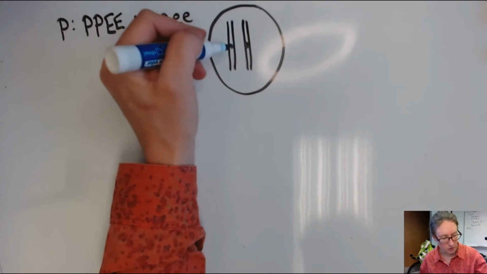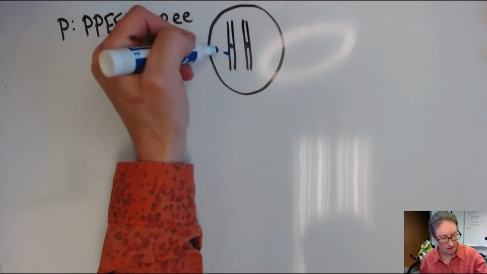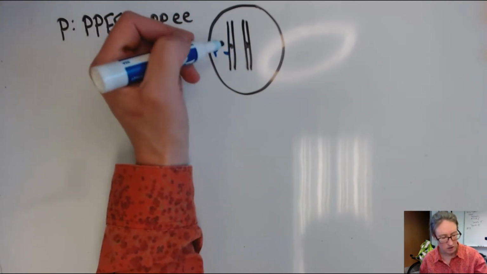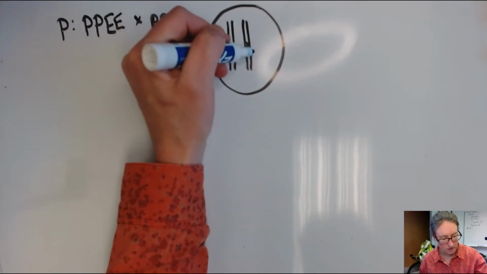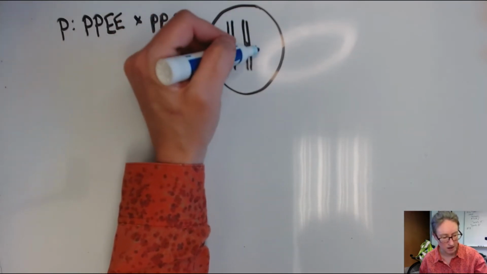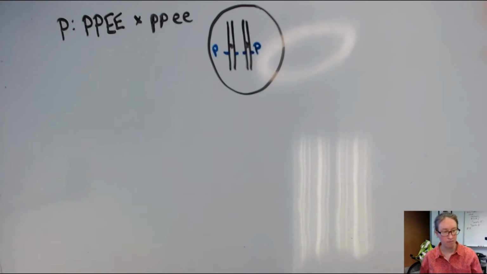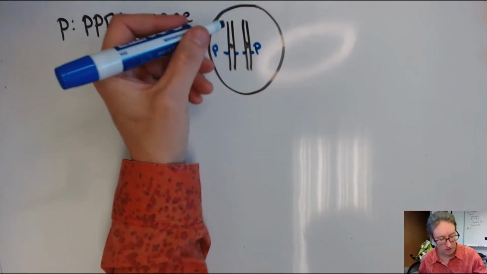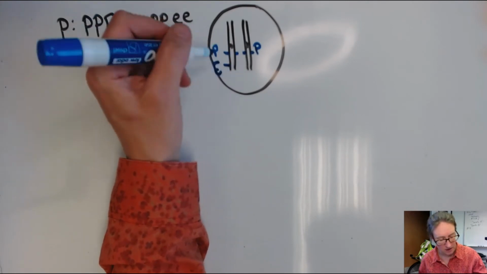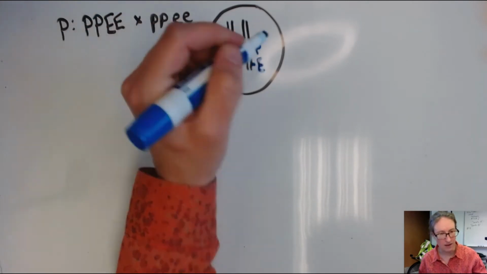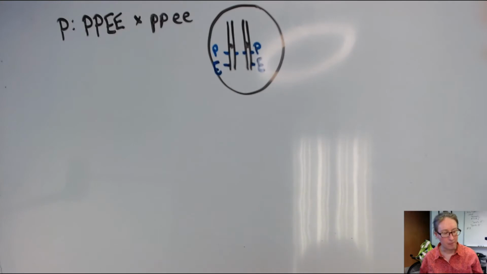If this individual is homozygous dominant, there's going to be a location on each of these chromosomes that contains a big P allele. And there's going to be a location on each of these chromosomes that contains a big E allele.